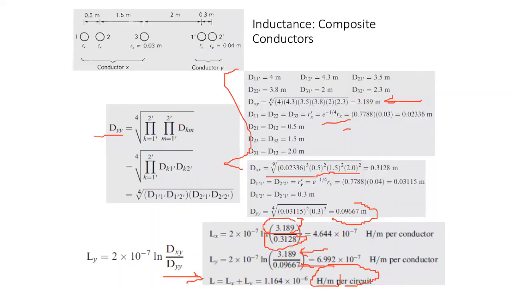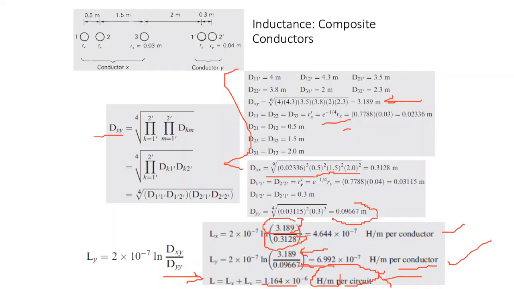So this is per conductor, and this is per circuit. You can note this in here. Per circuit means we have this single phase circuit, and when you write it as a single line diagram on the circuit, you will put this. Not X, not Y. It's per conductor. And then how many conductors do we have? We have 2 conductors, because this is single phase.